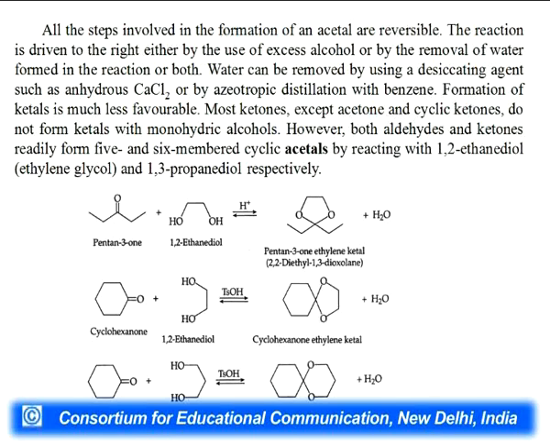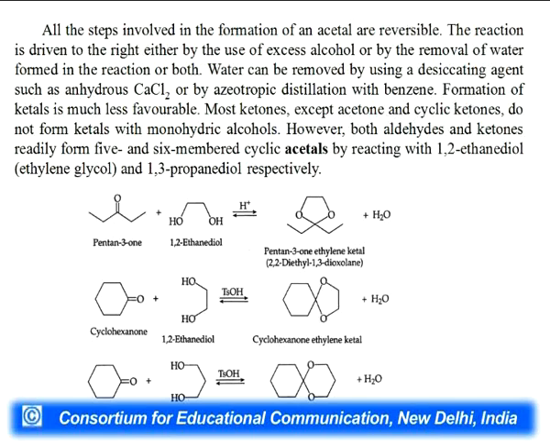However, both aldehydes and ketones readily form 5- and 6-membered cyclic acetals by reacting with 1,2-ethane diol and 1,3-propane diol respectively. So, a very important reaction, and reversibility can be changed as we have noted either by use of excess alcohol or by removal of water.